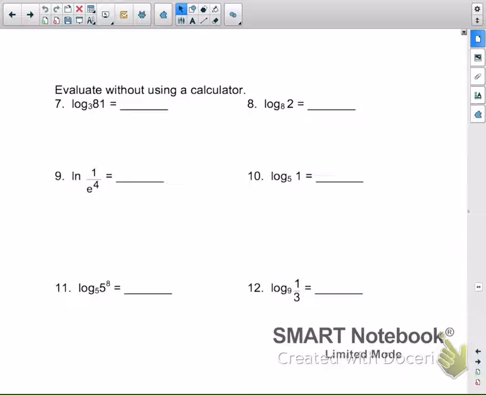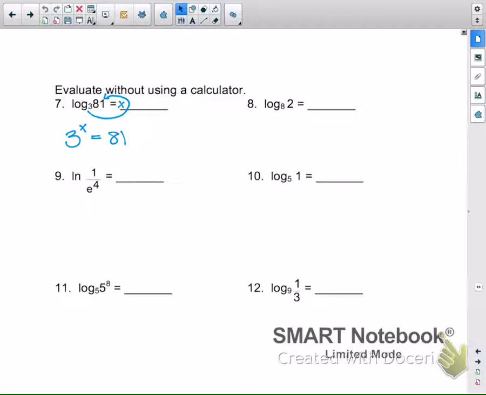The way this works for any of us is if it's not in a form that I understand, I can say that this is equal to x. I don't know what it's equal to. And I can rewrite this in exponential form because exponentials are something that we do know in our heads. So to rewrite this in exponential form, this is now going to say 3 to what power, or x, is equal to 81.